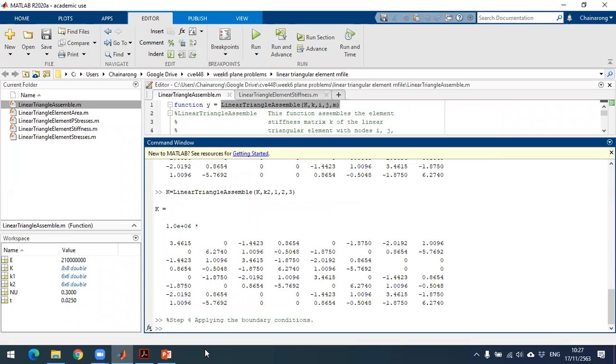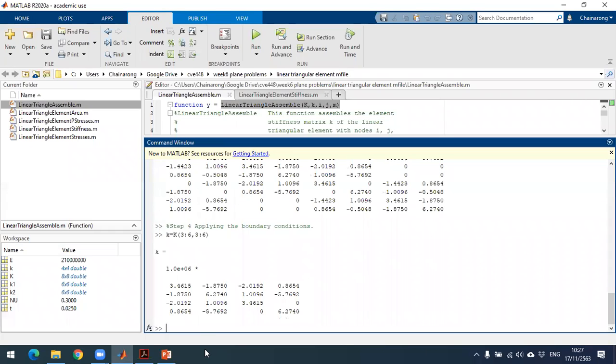That is, the stiffness k, the small k, is equal to a part of the capital K, that is, rows 3 to 6 and columns 3 to 6. Then we obtain the element stiffness after applying the boundary condition.